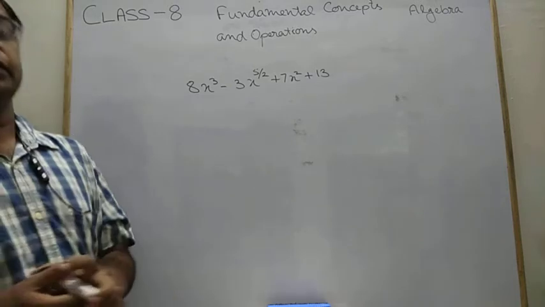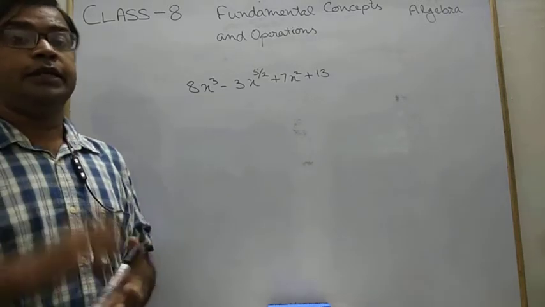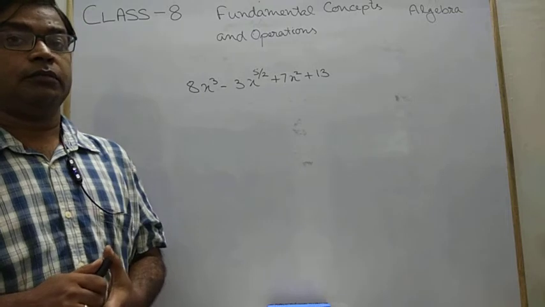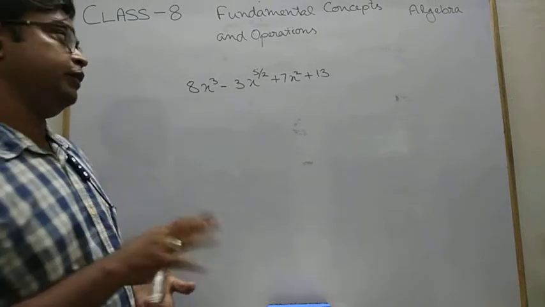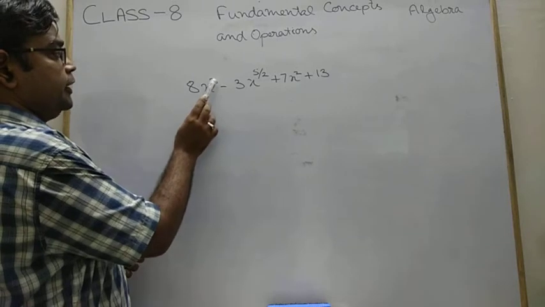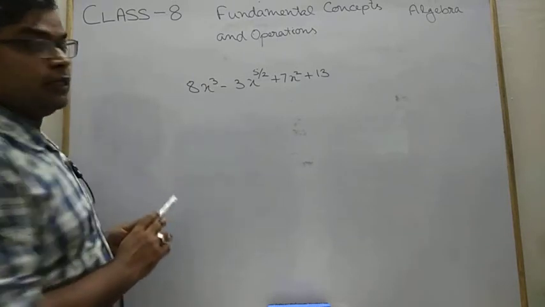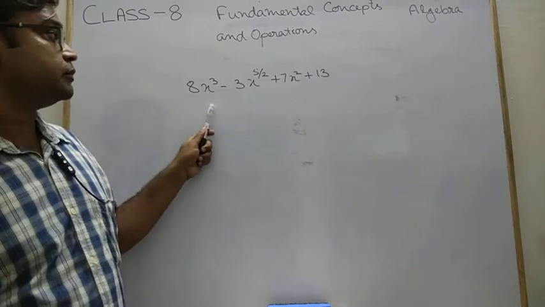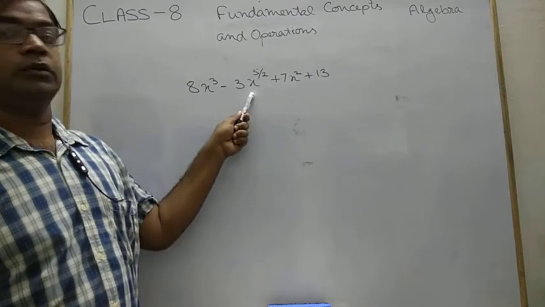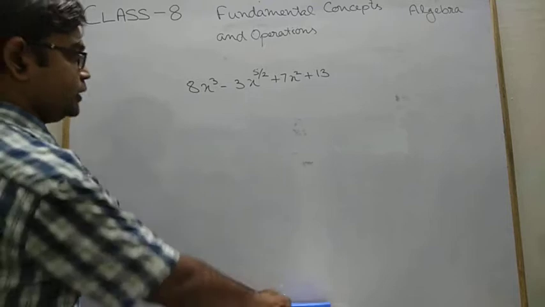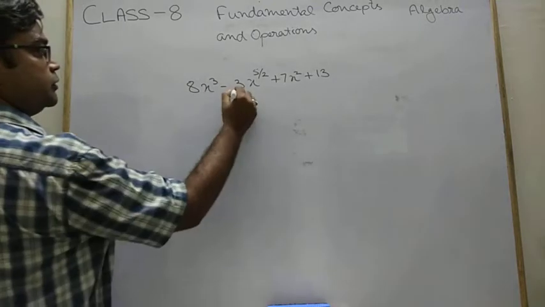The polynomial definition says that a non-negative integral exponent must be there for every variable. In this case, the other terms have non-negative integer exponents. But what about this one? This is a fraction exponent.